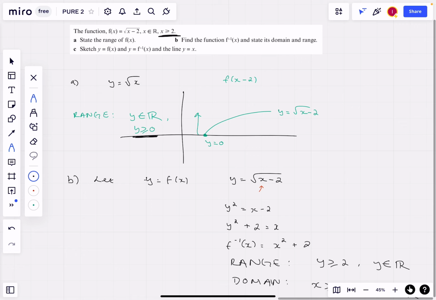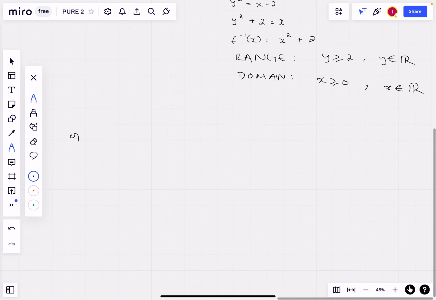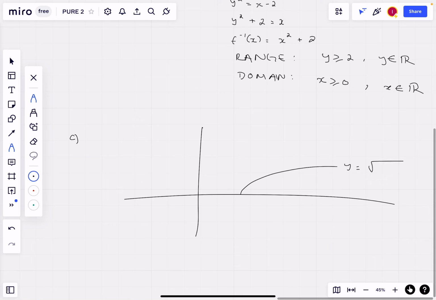Sketch y equals f(x) and y equals f^-1(x) and the line y equals x. So let's draw an axis. f(x) looks something like this, and f^-1 looks something like that.